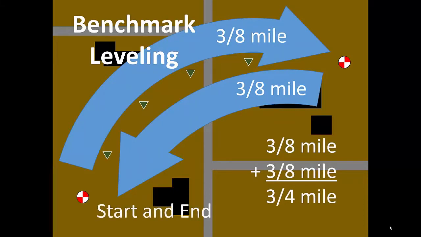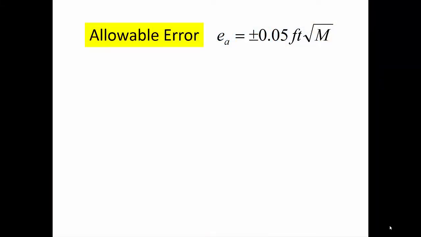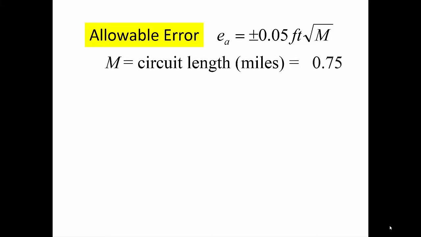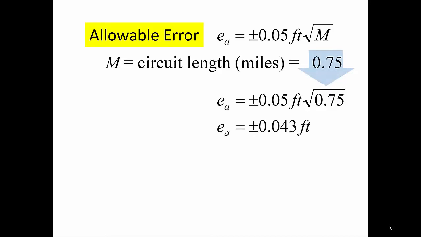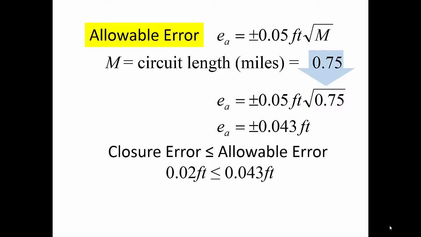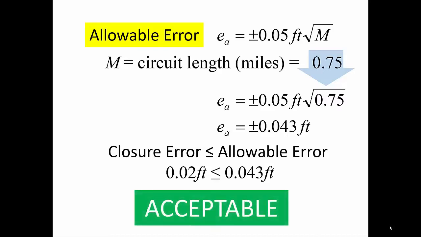The allowable error computation has just one input, circuit length. In this case, 3/4 or 0.75 mile. The result is plus or minus 0.043 feet. Since our circuit closure error is less than or equal to this allowable error, our level circuit is acceptable.